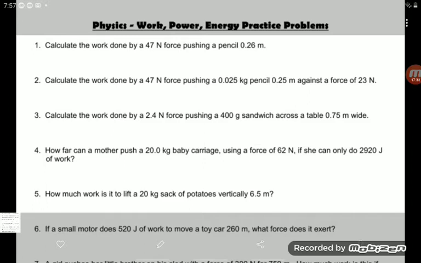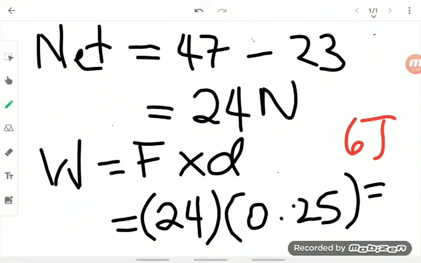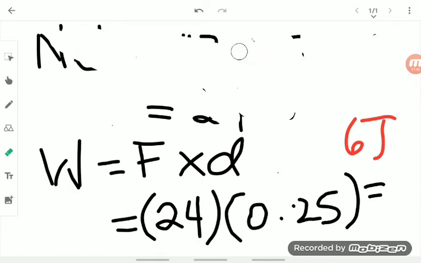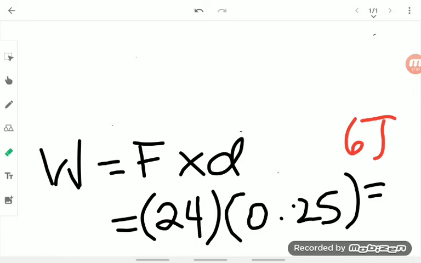So the net force, or the overall force, would be 47 newtons forward minus the 23 newtons backward. So if you need an illustration of that, let me just erase this top part here, for those of us who are pictorial learners.